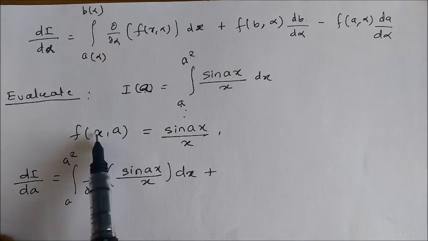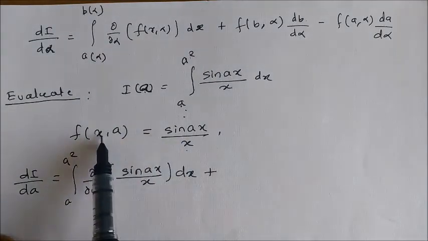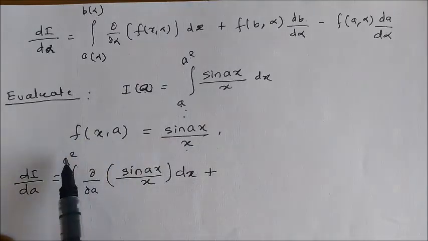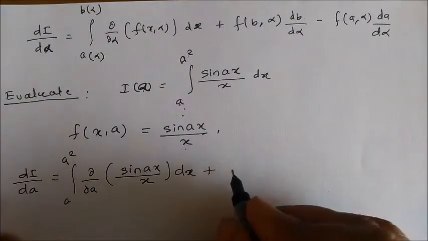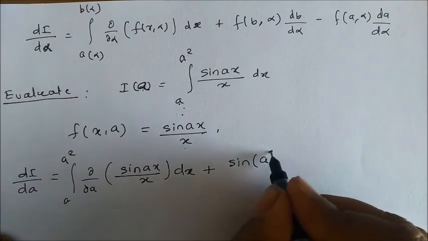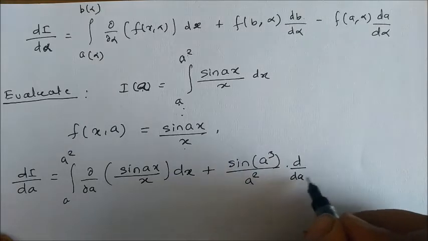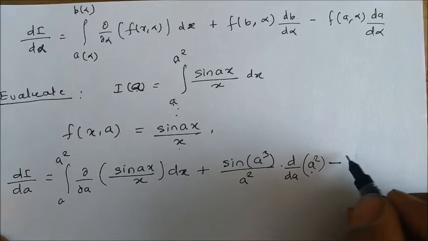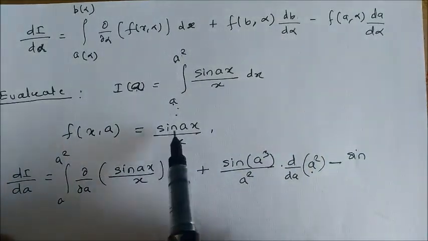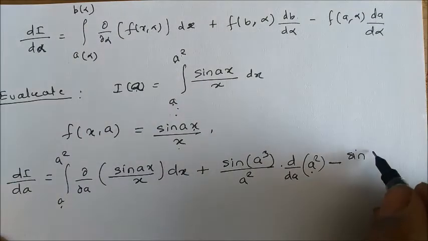Here our function is sin(ax)/x, so wherever there is x, we will replace it by the upper limit. So I'll put a² over here, I'll get a³ here, and here a². So I'll have sin(a³)/a² times d/da of a², this is my upper limit, minus sin of, now I'll put the lower limit in place of x, sin(a²)/a times d/da of a.